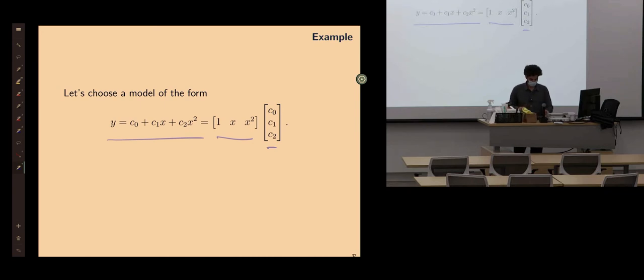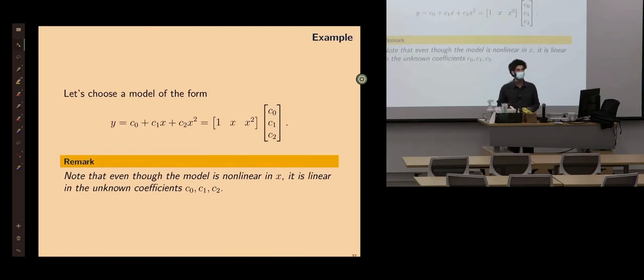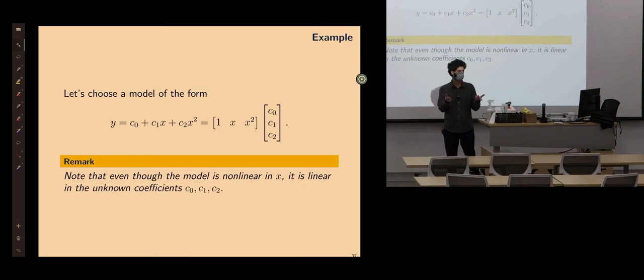This is our quadratic model. Now, you might think this is nonlinear because it's a curve. But fun fact, this is linear. It is nonlinear in x, because you have x squared. But it is linear in the coefficients, and that's what we care about. We know the value of x. We can just evaluate x squared, right?